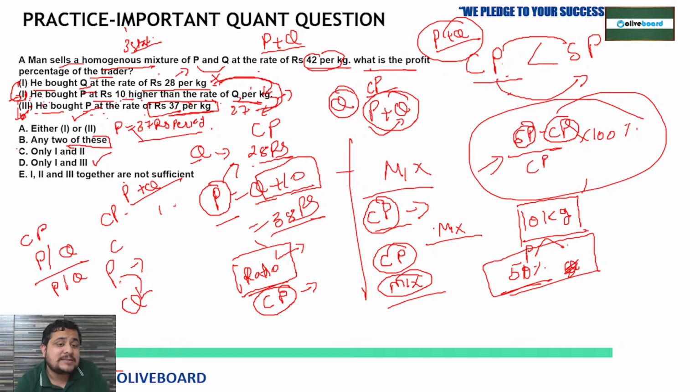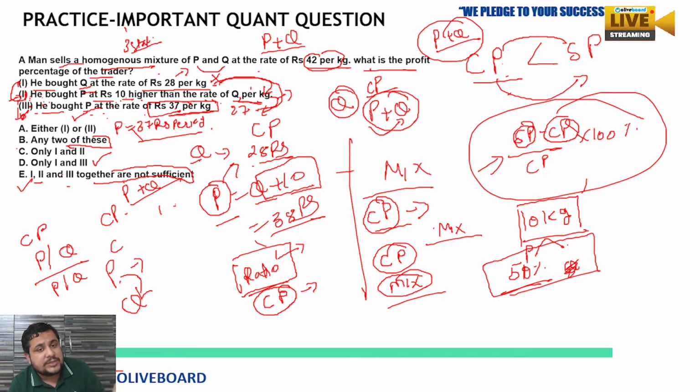So we will say it is not possible to solve with these three statements. First, second, third together are not sufficient to answer. We need some more data. So is this clear? Tell me fast.